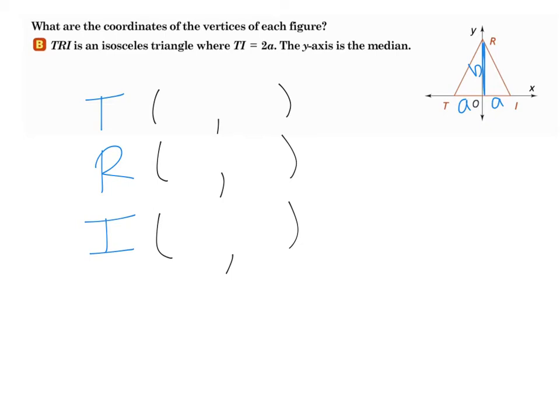So T is at negative A, 0, R is at 0, B, and I is at A, 0. And again, that just came from using the information that we were given, isosceles triangle. TI was equal to 2A, which made TO and IO A each. They're both A. And then the y-axis was the median, and that helped us out as well.